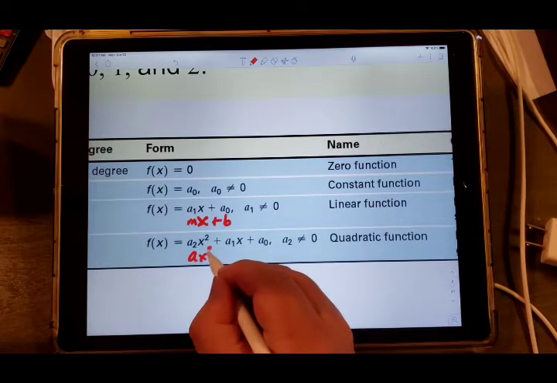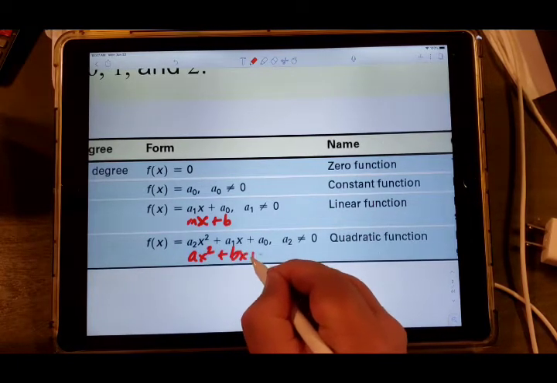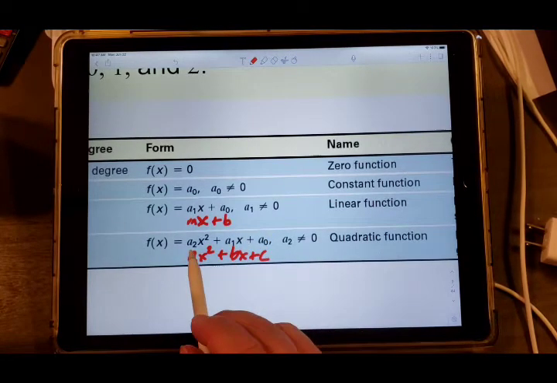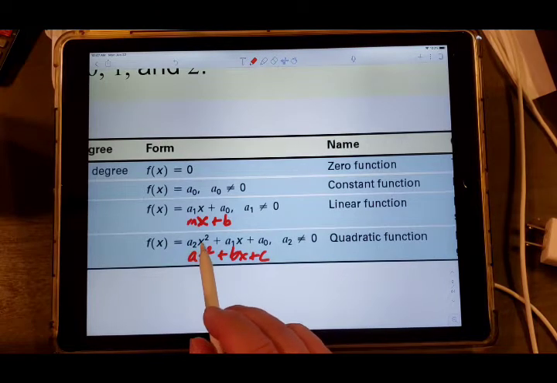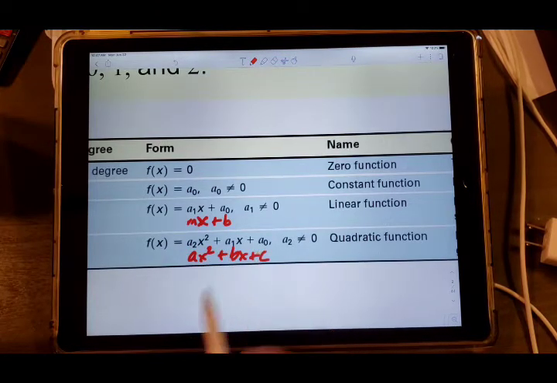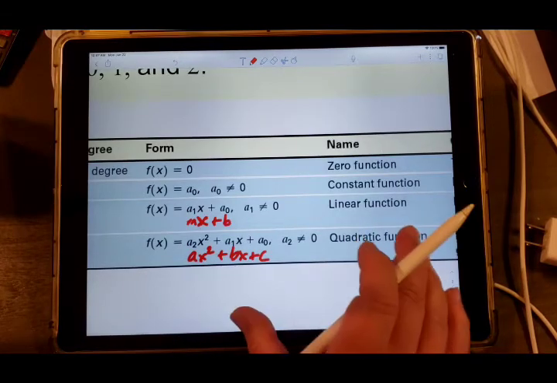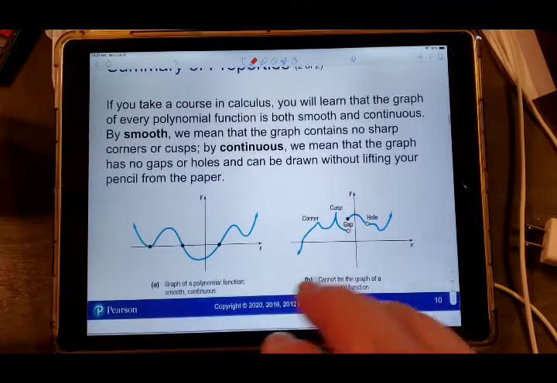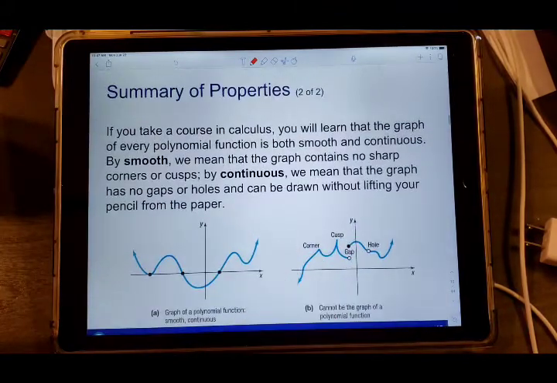You're used to ax squared plus bx plus c, but again, if you embrace the notation of the chapter, you'll see a sub 2 x squared plus a sub 1 x plus a sub 0. And they always do this.